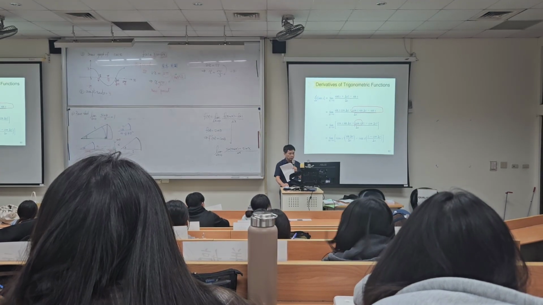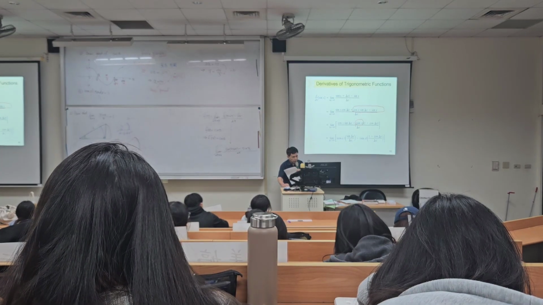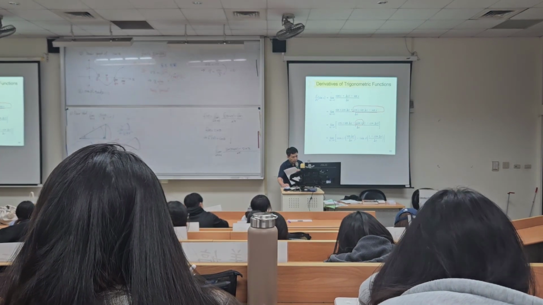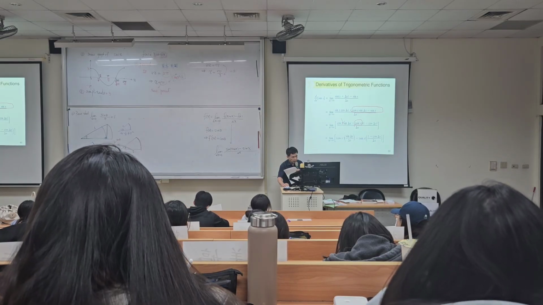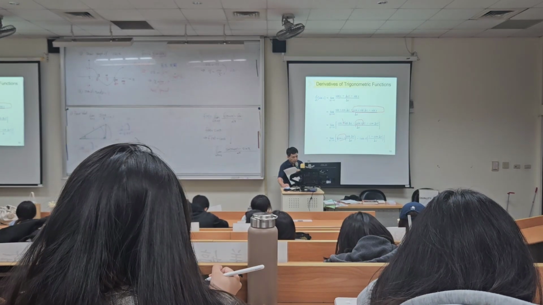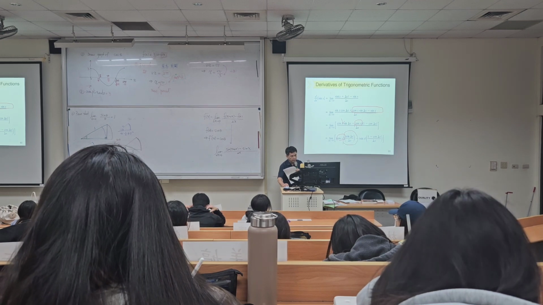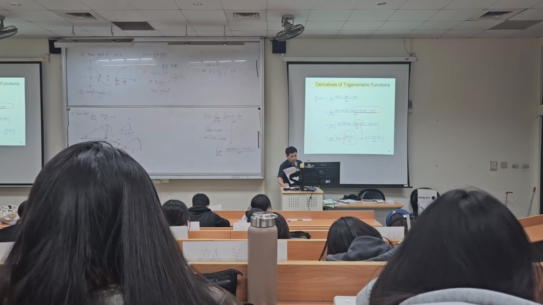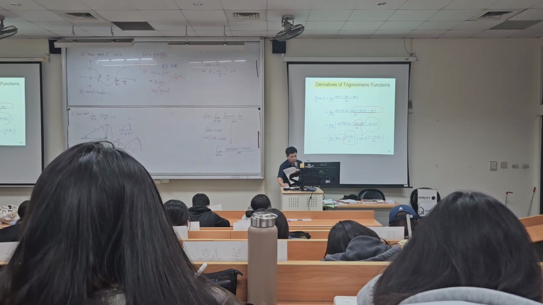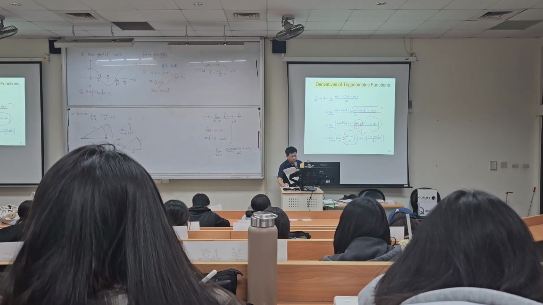So now the first part has cosine x times sine delta x over delta x, and the last part will be sine x times 1 minus cosine delta x over delta x.